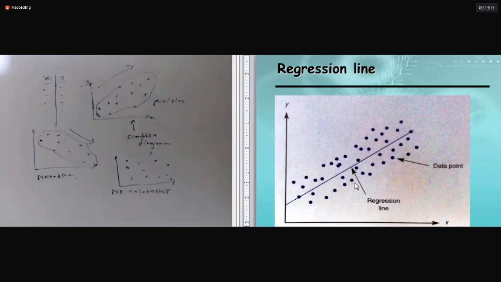Before we proceed further, I think you can draw these figures, the types of relationships. Then I will explain how to draw the line, estimate the equation of the line, and find the relationship mathematically. Just draw these three graphs that show the relationships between two variables: positive relationships, negative relationships, and the case where there is no relationship between the variables.